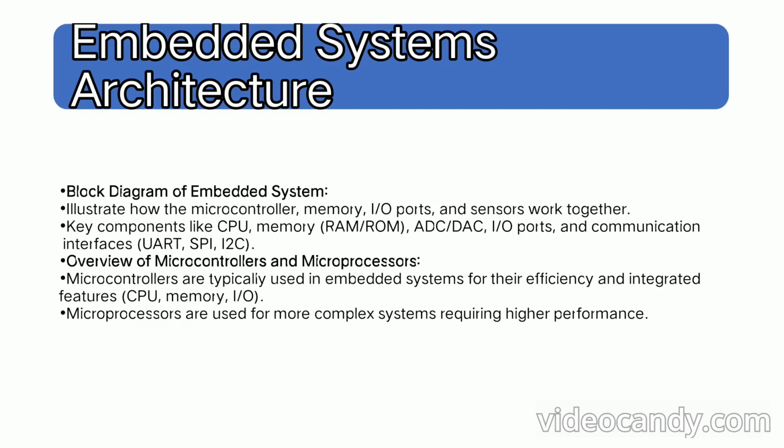How the microcontroller, memory, input-output ports and sensors work together: the CPU coordinates all the RAM, ROM, analog to digital converters, digital to analog converters, input-output ports and communication interfaces like UART, SPI and I2C.